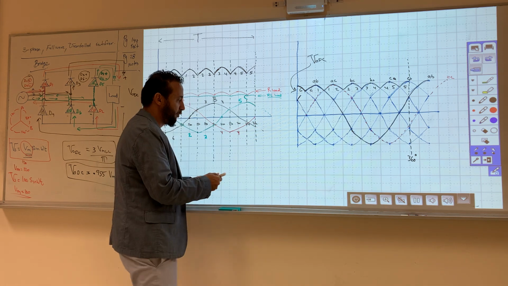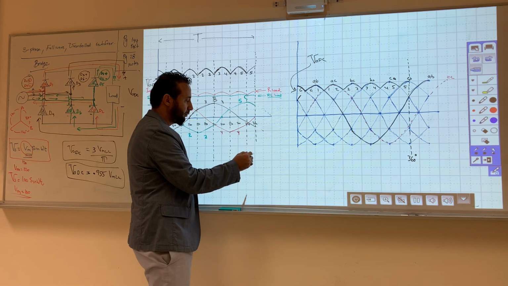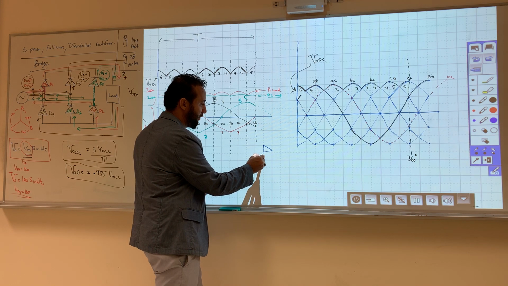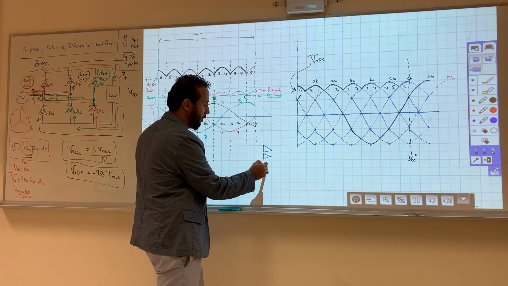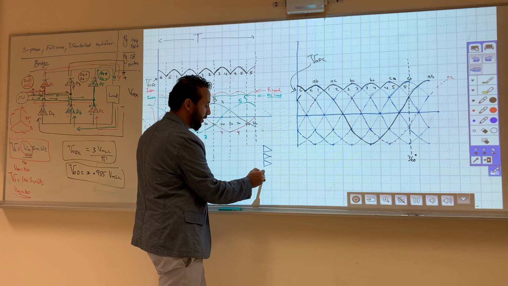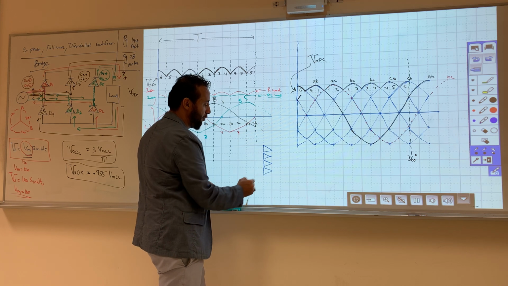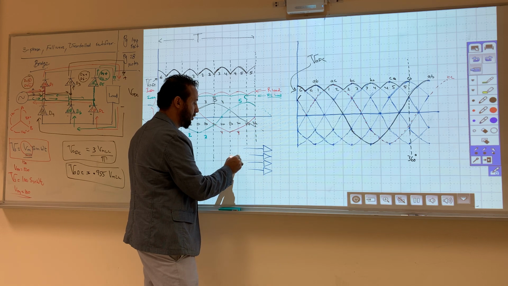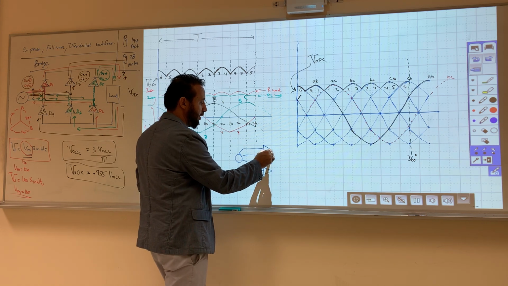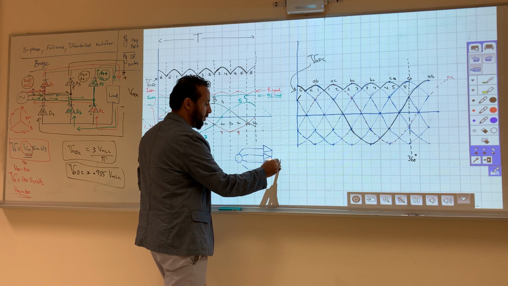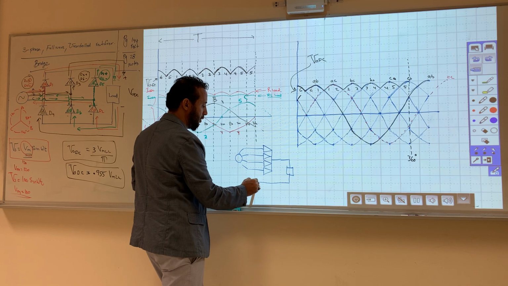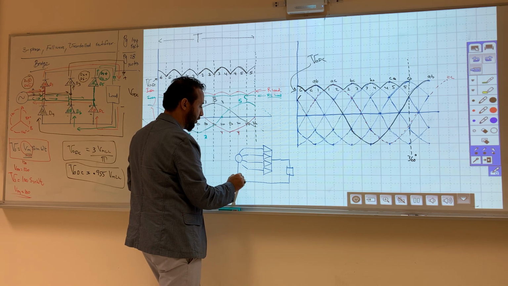So if I want to connect 4 diodes, I will have a diode here, and this will be another diode right here, and this will be a 3rd diode right here, and this will be a 4th diode right here, and I will have the source, okay, and then I will have my load, and I will have neutral.